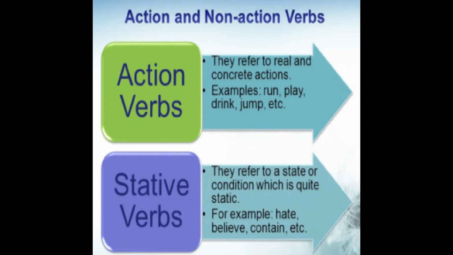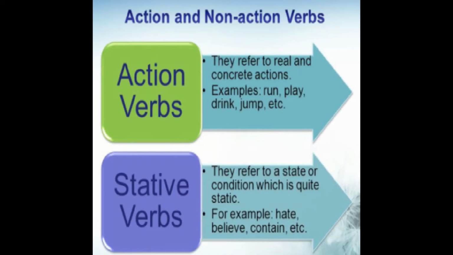Run, play, drink, jump. They are all concrete actions. Whereas stative verbs are referring to states: hate, love, believe, contain. All these are examples of stative. So you have to understand there are two types of principal verbs.